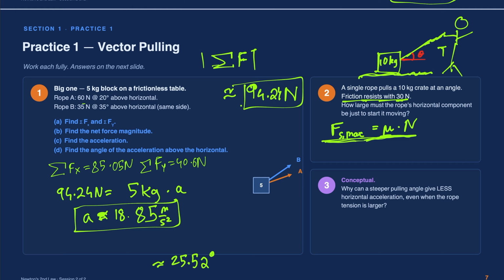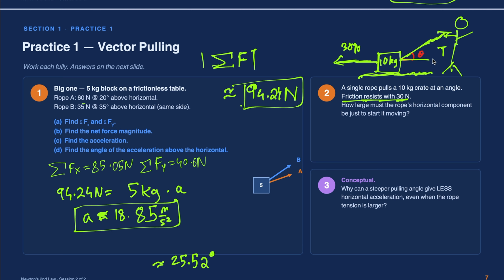Friction is resisting with 30 newtons, and it's always going to be opposite the direction of motion, right? So if I'm pulling this way, friction is going to be resisting this way. So how large must the rope's horizontal component be just to start it moving? Friction is 30 newtons in the horizontal. It doesn't matter what my vertical is. I have to counteract friction. How am I going to do that?